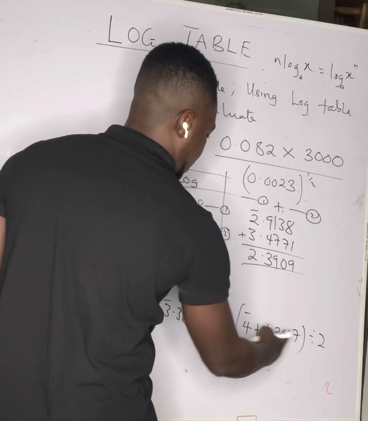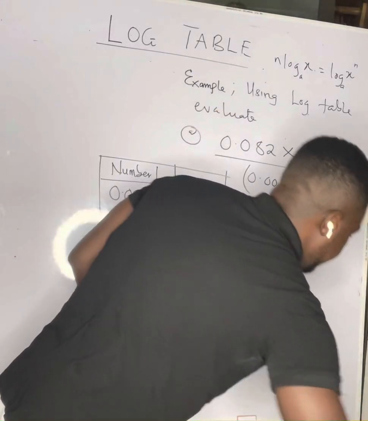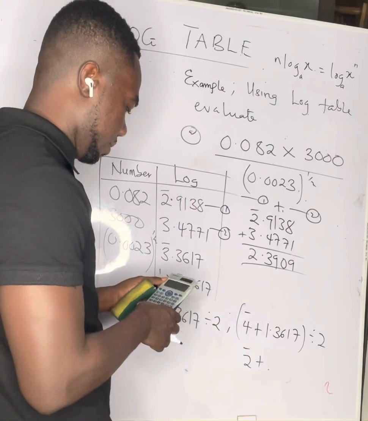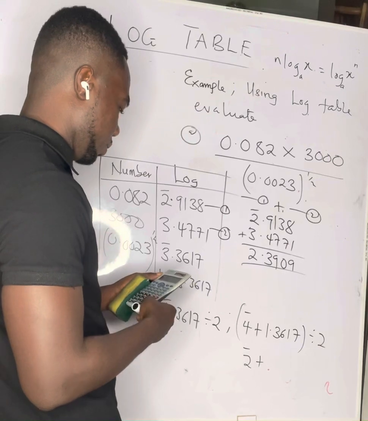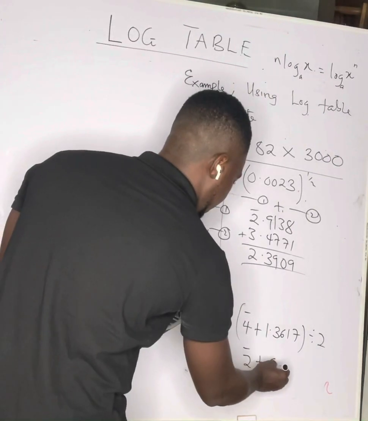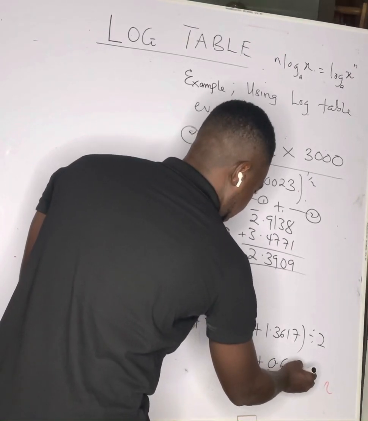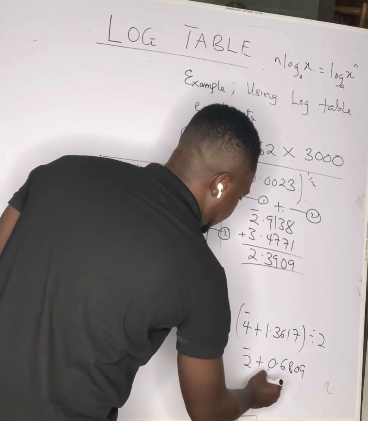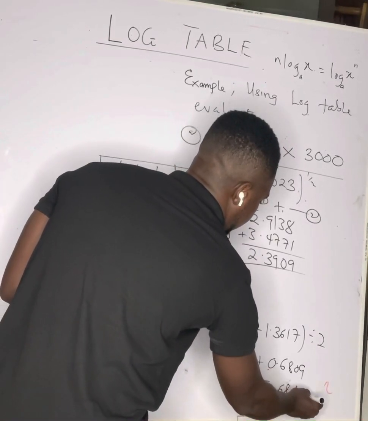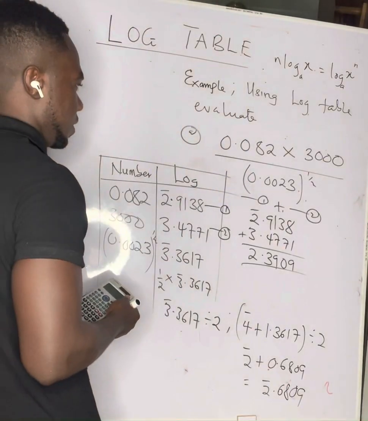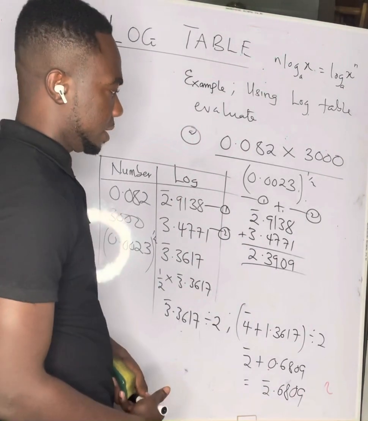So 2 dividing this gives minus 2, plus 2 dividing 1.3617. 1.3617 divided by 2 will give me 0.6809. So I'll get minus 2.6809. As you can see, the denominator here is giving minus 2.6809.